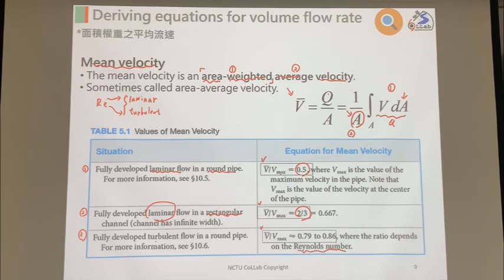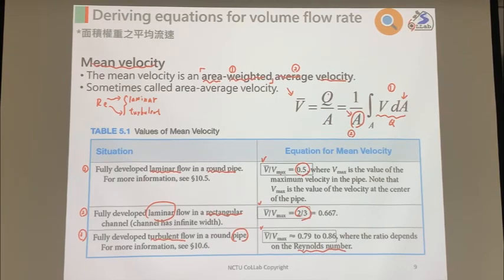If the flow is turbulent flow in the pipe, the ratio is in a range, because turbulent flow tends to move the flow condition back toward uniform flow.